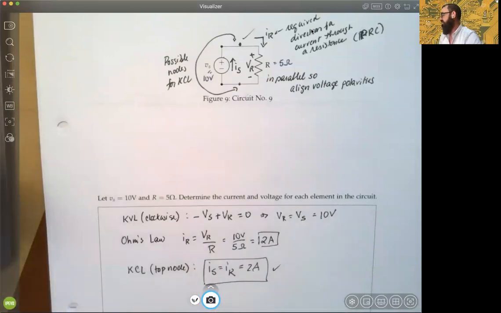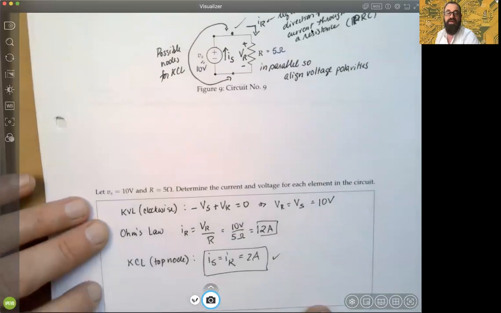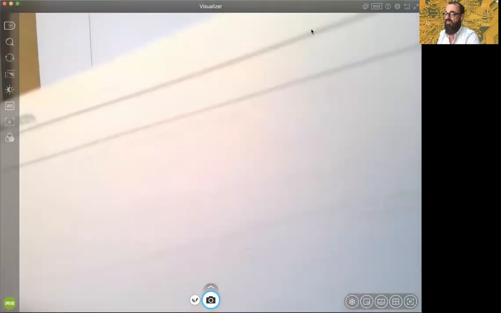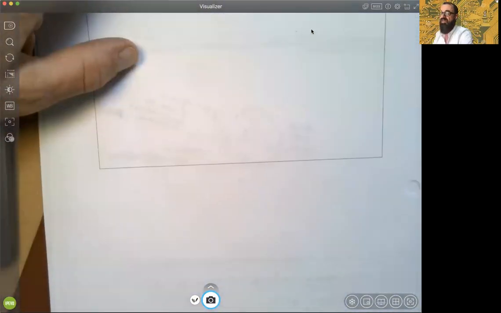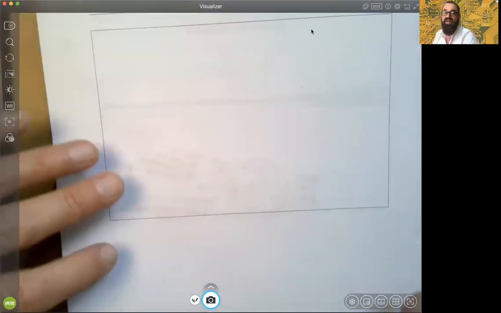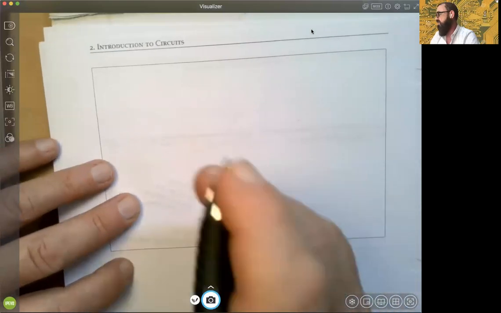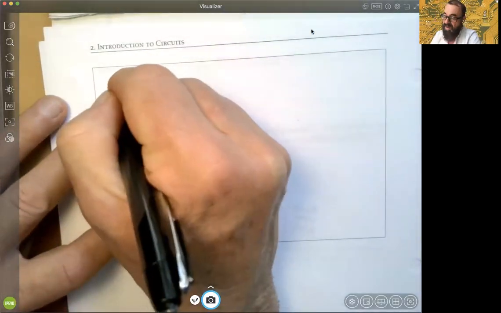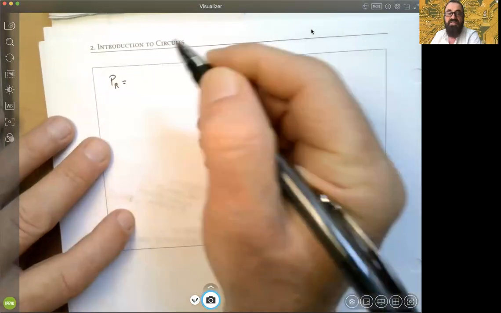Okay. All right. Finally, let's finish out with power, calculating the power for each of the elements in the circuit. Very simple example, of course. In this case, we have all the information we need. I'm flipping over to the back of the page here, but we can write power equations this way.